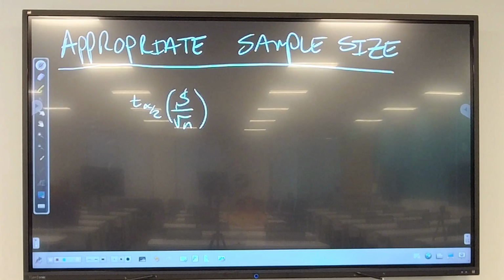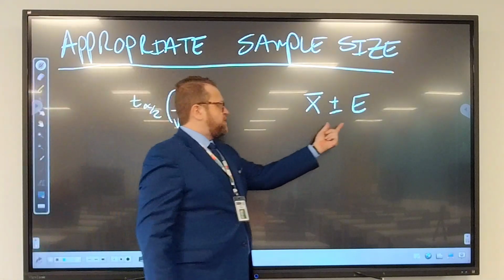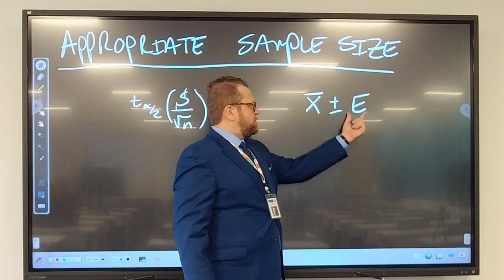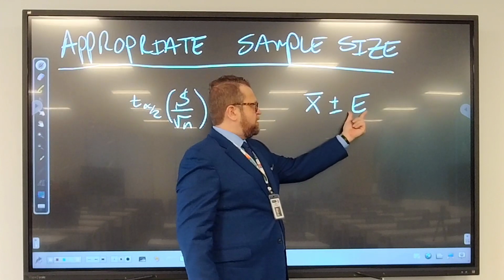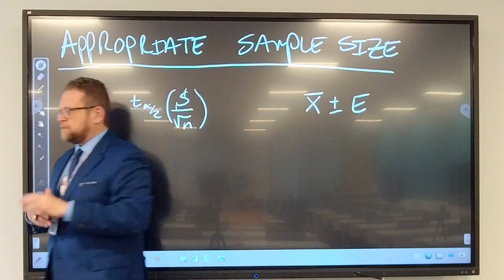The confidence interval is x bar plus or minus the margin of error. I can decide up front how wide I want my confidence interval to be. So I might say, let's have this confidence interval have a margin of error of just like 0.1 or something.